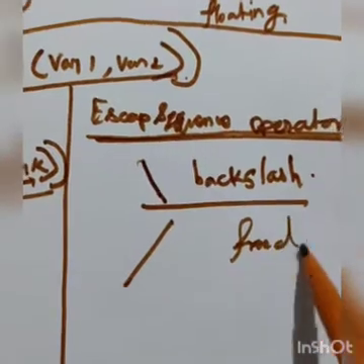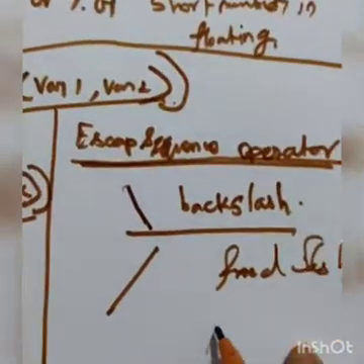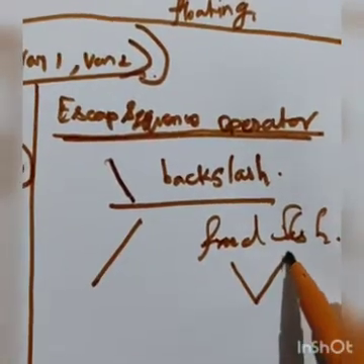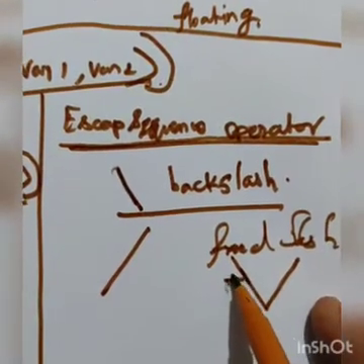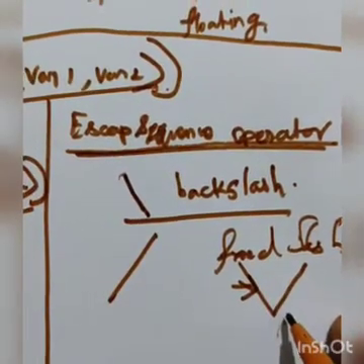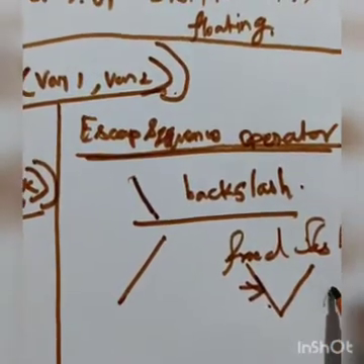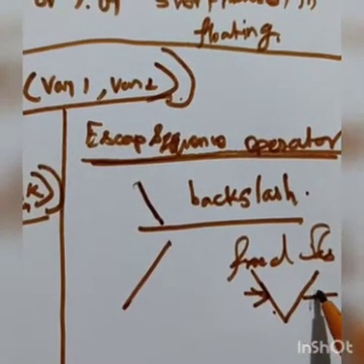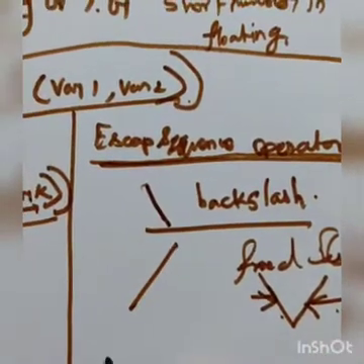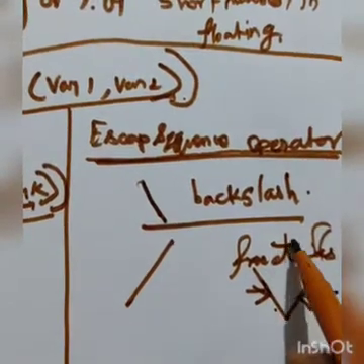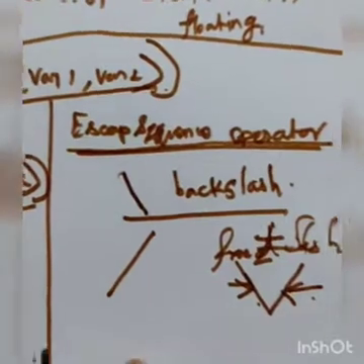To identify them, write the letter V. If the first slanting line of the V is there, that is a backslash. If the second slanting line is there, that is a front slash. That is how you identify the backslash and the front slash.